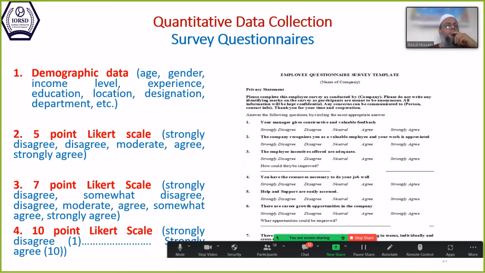What's the difference between a 5-point Likert scale and a 4-point Likert scale? Actually, if you are giving the 5-point Likert scale, sometimes I think how scientific it is.